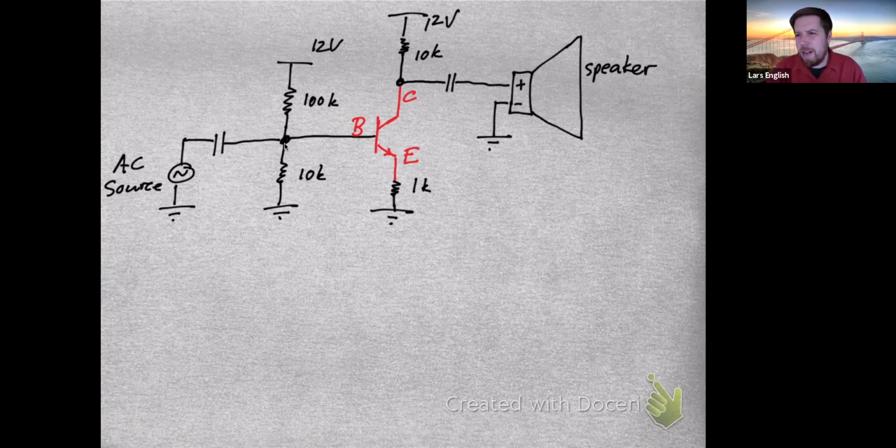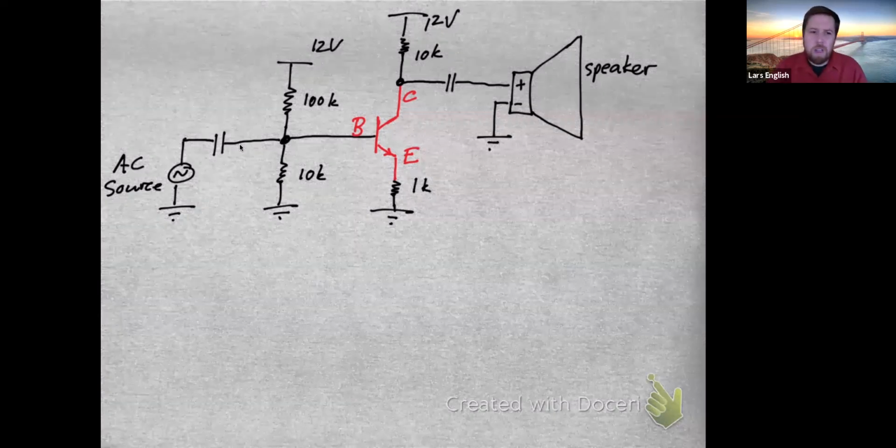Maybe not as dramatic. Maybe it varies from 0.7 to 1.5. Maybe you get some oscillations in that range from 0.7 to 1.5 with this AC source. So this could be audio coming into the mic or something.